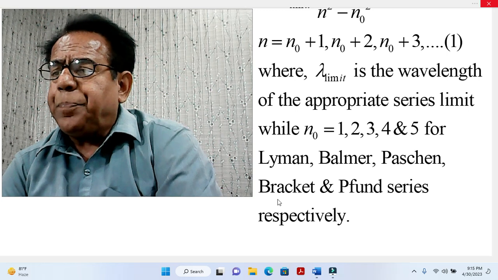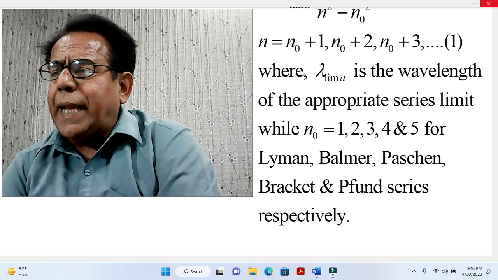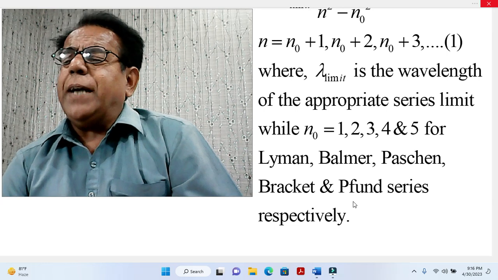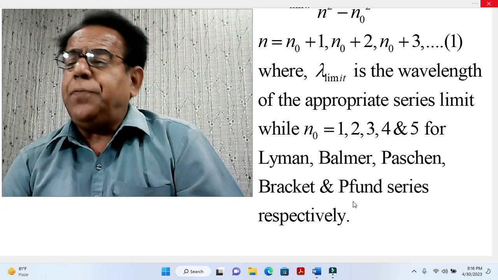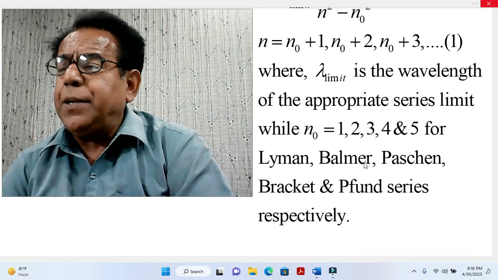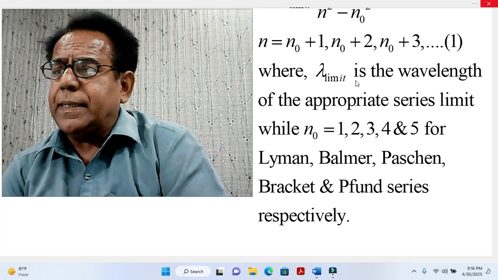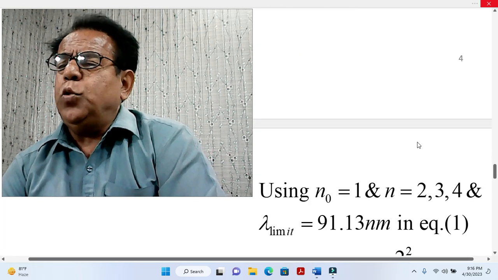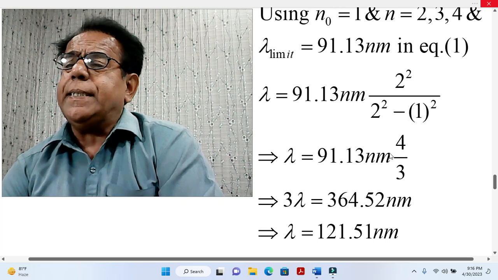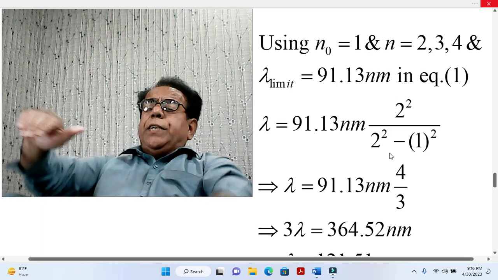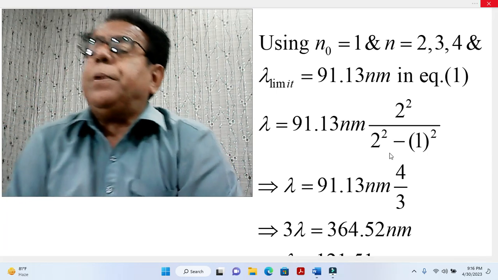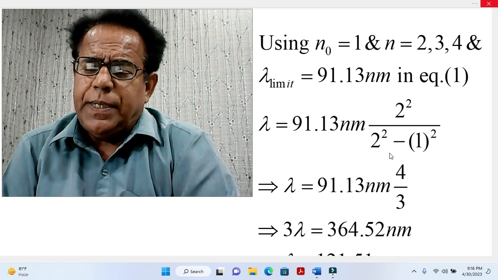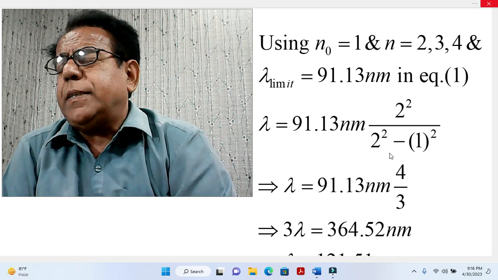For Brackett, n naught is equal to 4 and n starts from 5. And for Pfund series, n naught is equal to 5 and n starts from 6, respectively. Nothing new. We have just reshaped the philosophy contained in tool number 1 according to our ease or understanding.